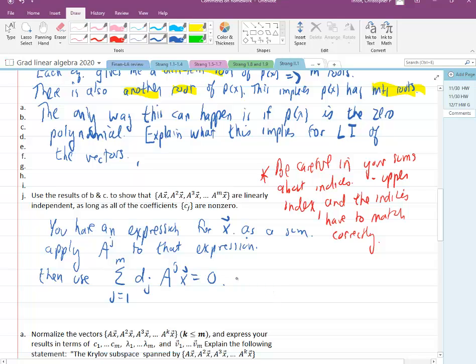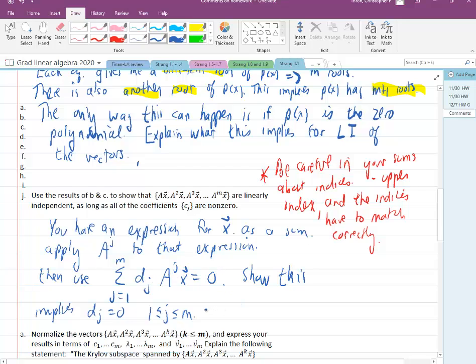Okay. Show this implies that the d_j's are equal to 0 for j between 1 and m. Okay. You need to show that these are 0.